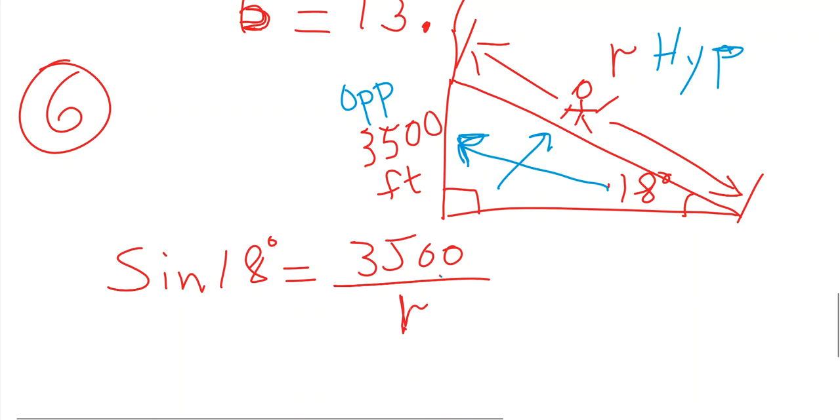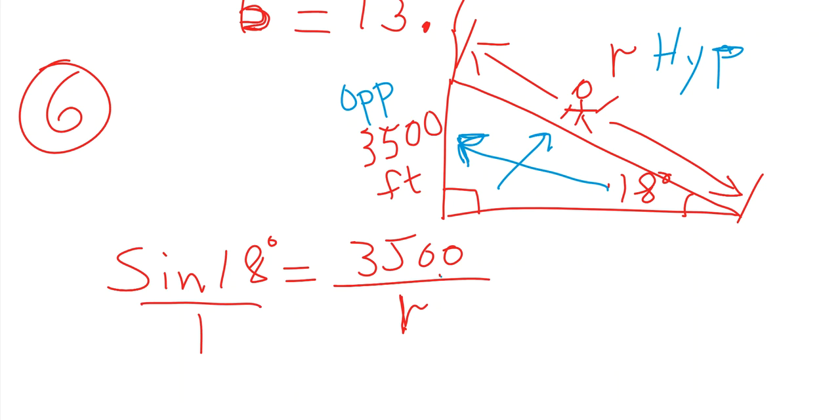What do you think? Well, have you ever heard of cross multiplication? This is very similar to that. This is over 1, isn't it? If you were to cross multiply, you would get R times sine of 18 equals 3,500 times 1. Then you would divide both sides by sine of 18, and you would leave R sitting by itself.